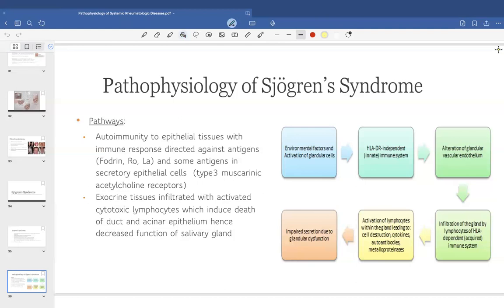As they release their cytokines, it's going to induce death of the cells that line the ducts, and then they no longer function. So essentially, it's an autoimmune destruction of the glands and or the ducts leading to the glands. It's kind of a two-stage pathway that occurs.